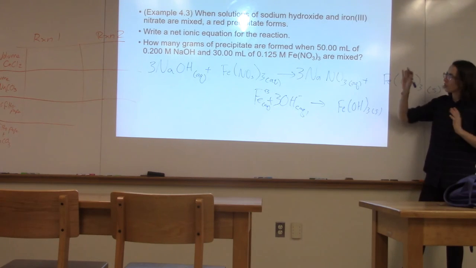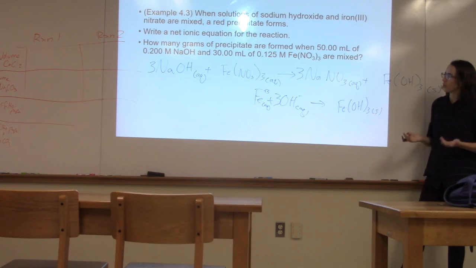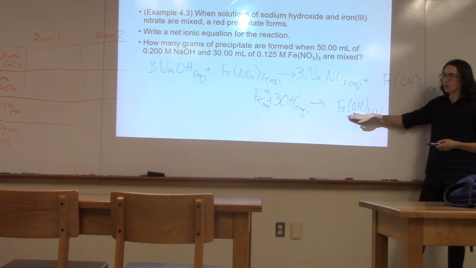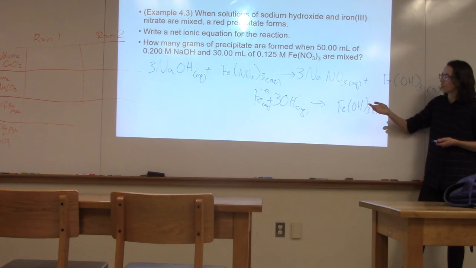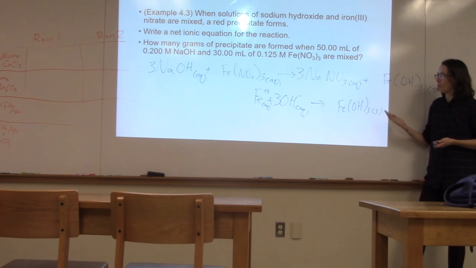Alright, so now here's a hard question. I'm just going to ask it straight up. I want to know how many grams of precipitate are formed, how many grams of this puppy are formed, when you mix 50 milliliters of 0.2 molar NaOH and 30 milliliters of 1.25 molar Fe(NO3)3.